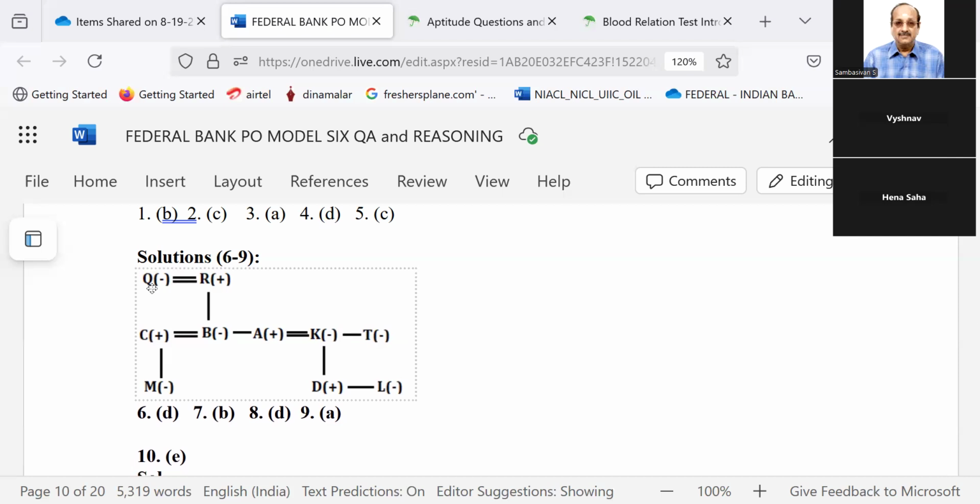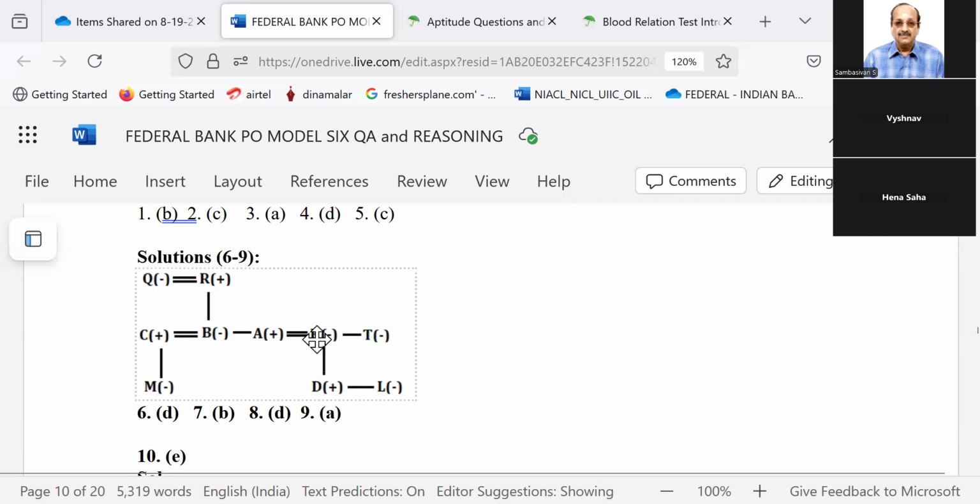A is the spouse of K. Okay. T is the aunt of L. That means B is no, aunt of L. T is also aunt of L and has only one sibling.